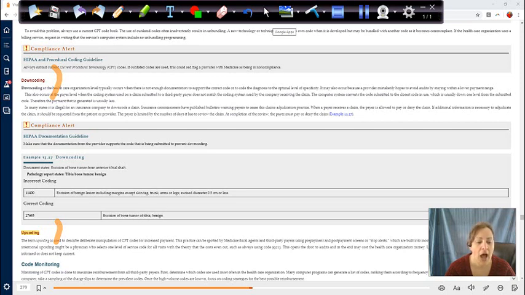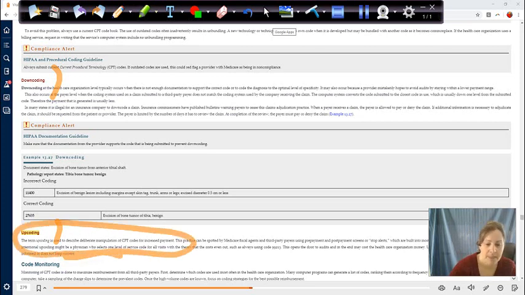Okay. Upcoding is the term that means deliberate manipulation of a CPT code to increase payment. Okay. This is a bad idea. This means this is the code we performed, but I'm going to code it higher because I'm going to get paid more.